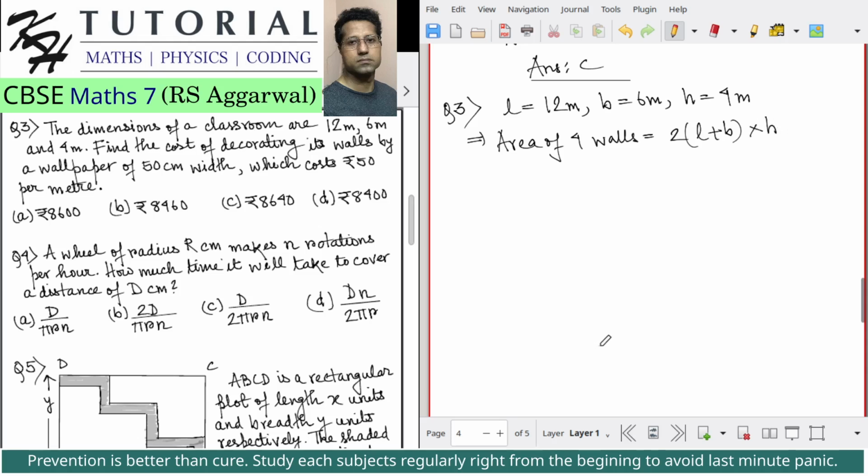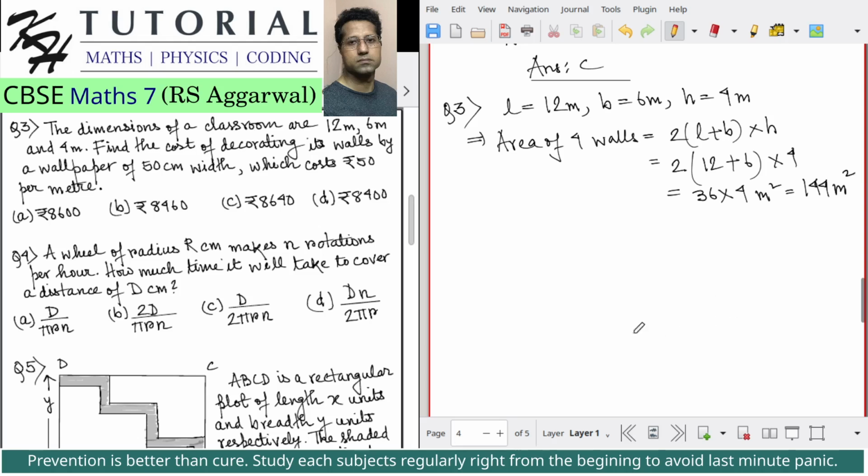That is the perimeter multiplied by height. So this is equal to 2 into (12 plus 6) multiplied by 4. This is 36 multiplied by 4, which is equal to 144 meter square, the area of the 4 walls of the room.